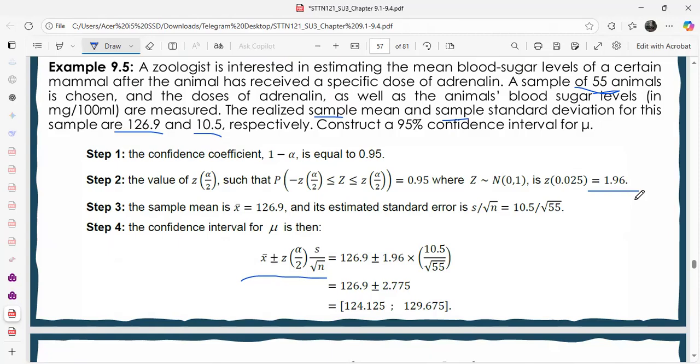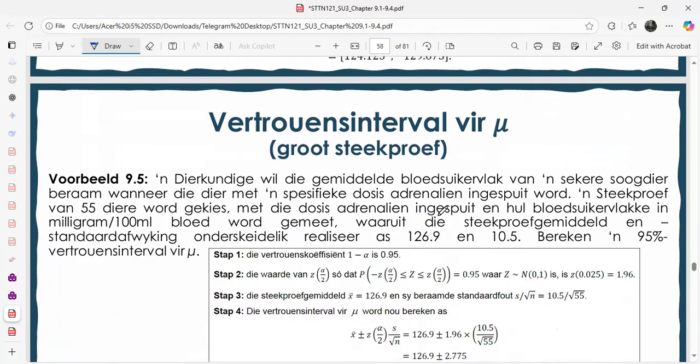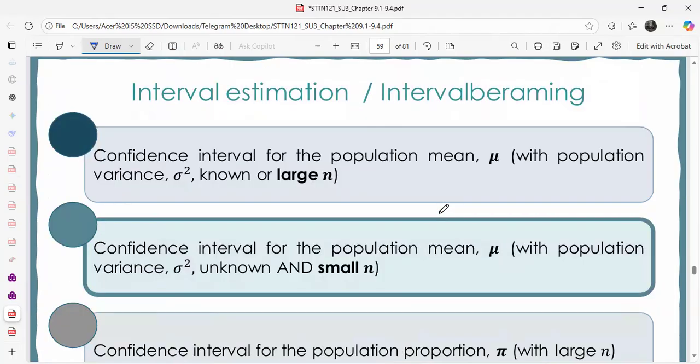But remember, you need to check if the population standard deviation is known or unknown and check the value of n. Here in this case, n is greater or equal to 30 and the population standard deviation is unknown, meaning the sample standard deviation is the one that you know. That's the reason why you are given the sample standard deviation. Use this formula, substitute your values, and then you get these two values, the interval. That's how you do it.